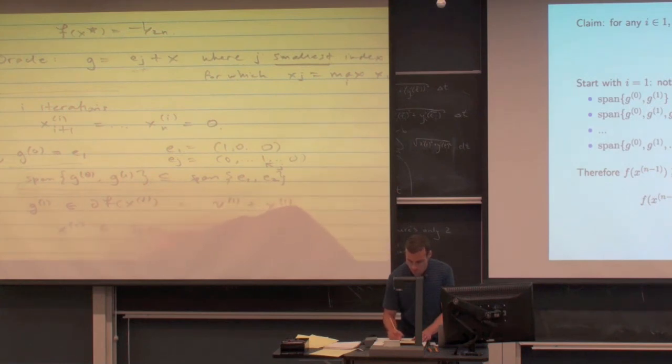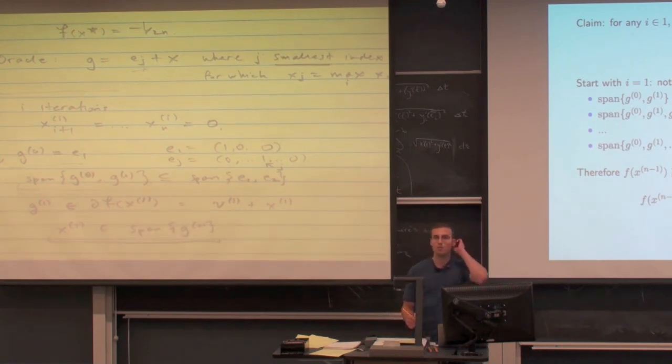X1 is just in the span of G0. That's all non-smooth first order methods are allowed to do. So now let's look at what G1 could be. It's anything that looks like a subgradient of f at x1 plus x1. Well, x1, we just said that it has to be in the span of G0.